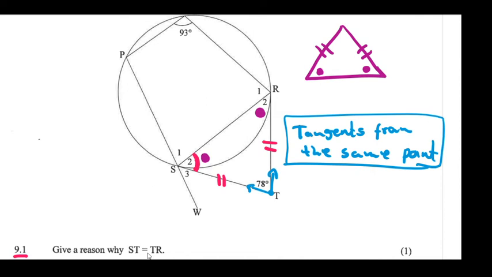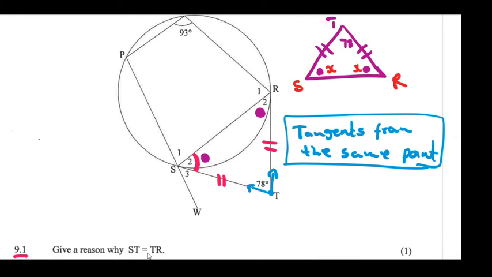So if this is our T, which is 78 degrees here, and since these are equal, we can just let this side be X and this side be X. So this is our S and this is our R, right? So we want to identify S2.